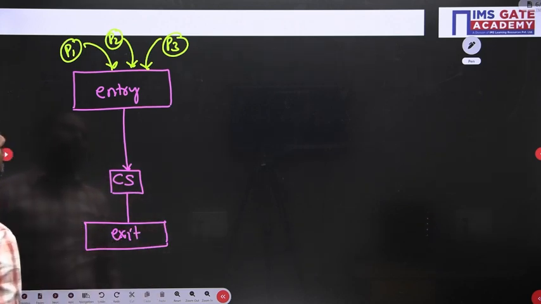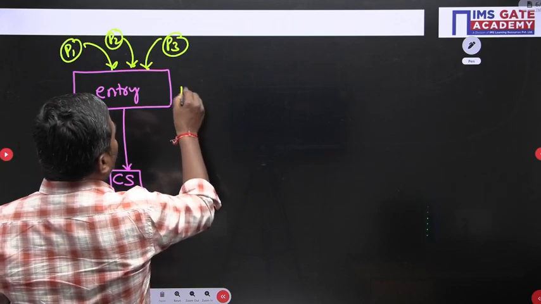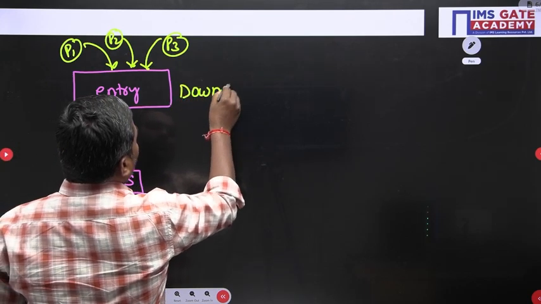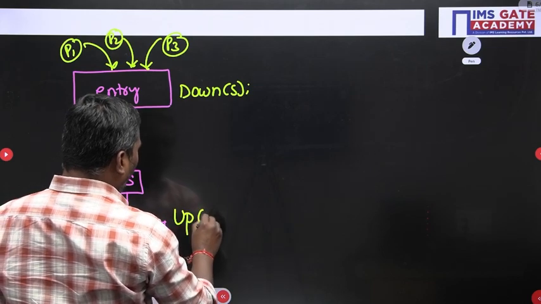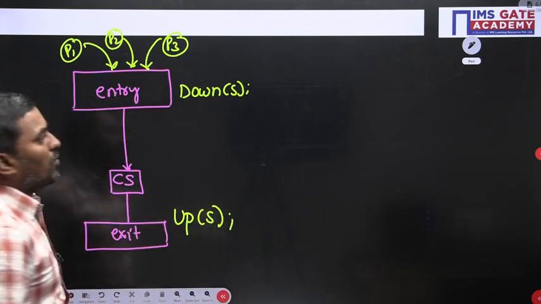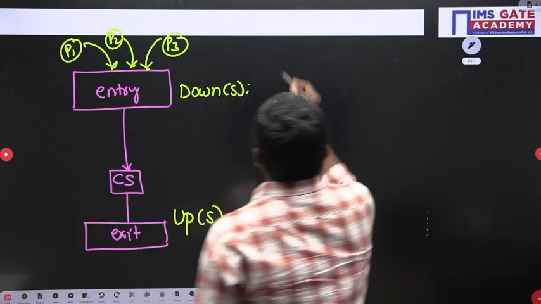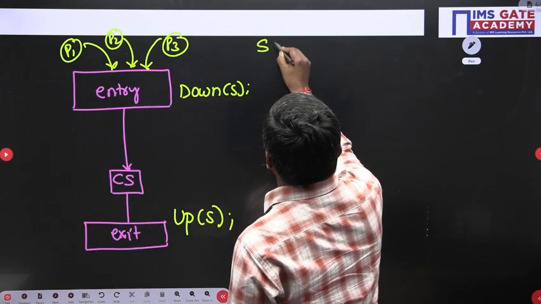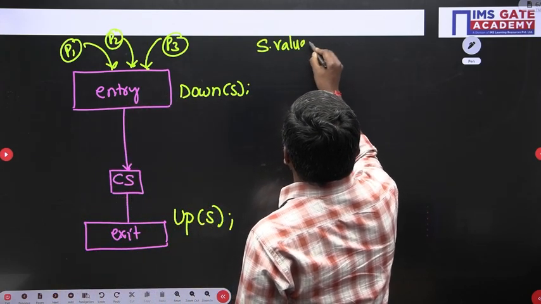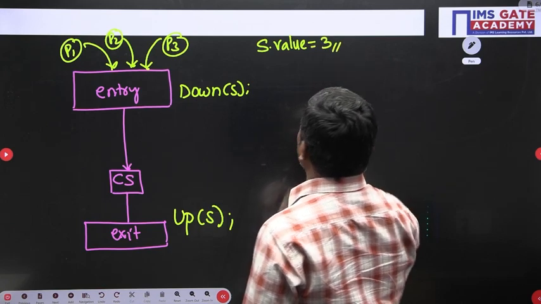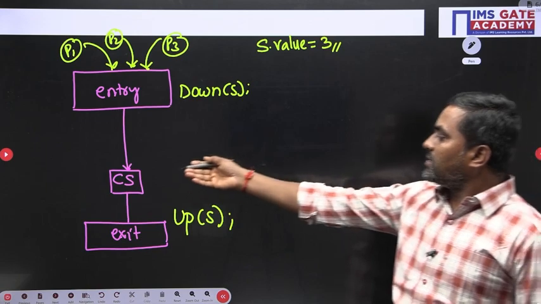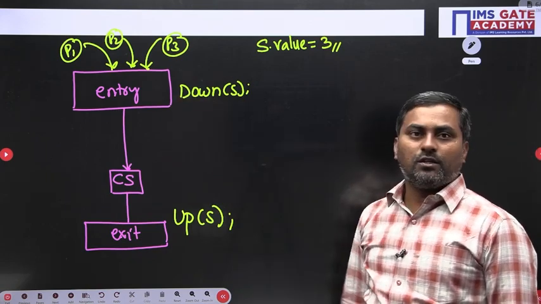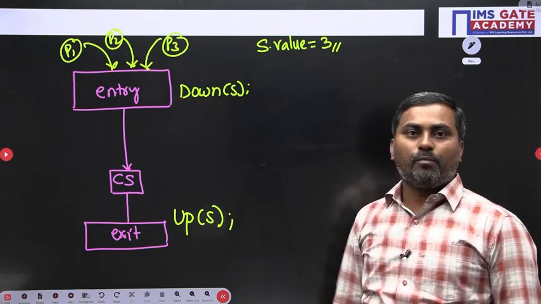At the entry section I am using the down operation on the semaphore S, and at the exit section I will use the up operation on S. The initial value of semaphore S dot value I am considering as 3.